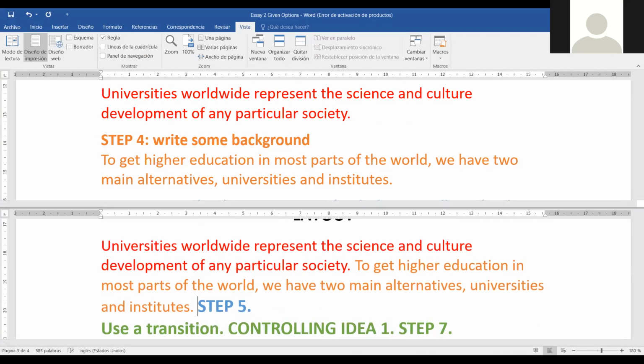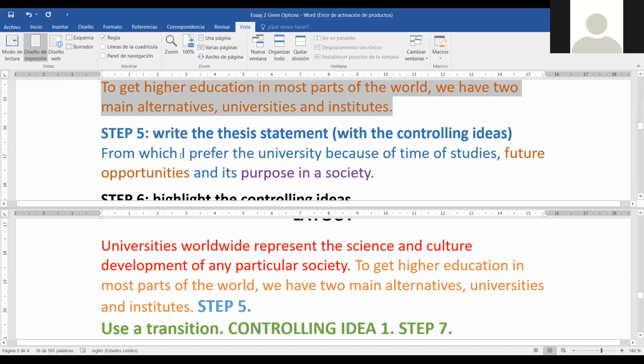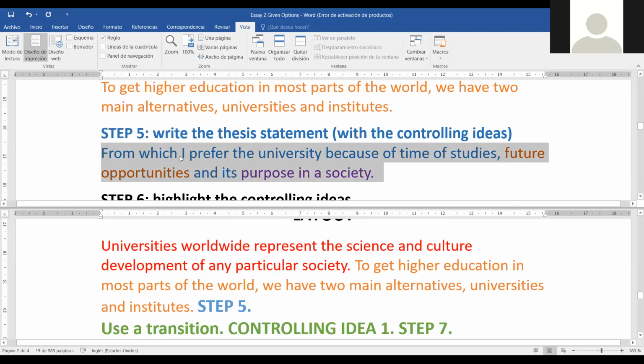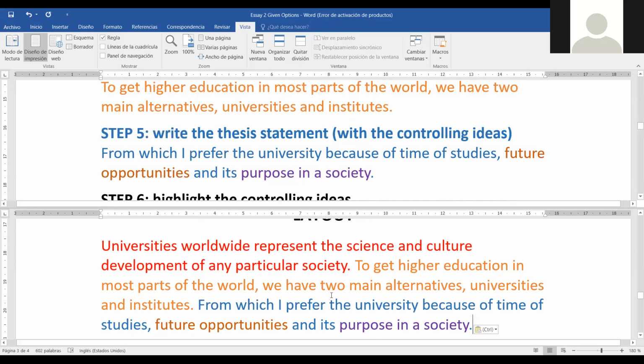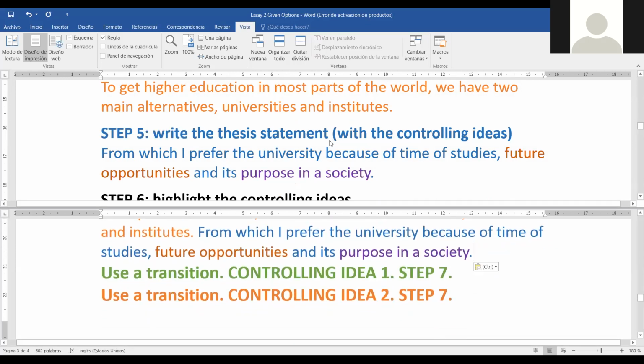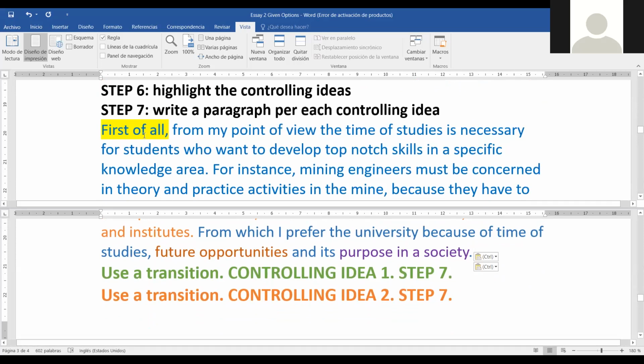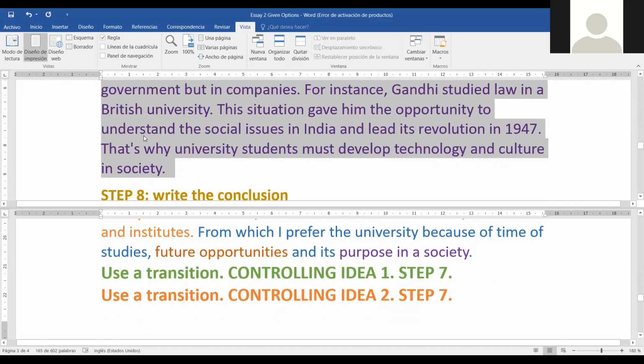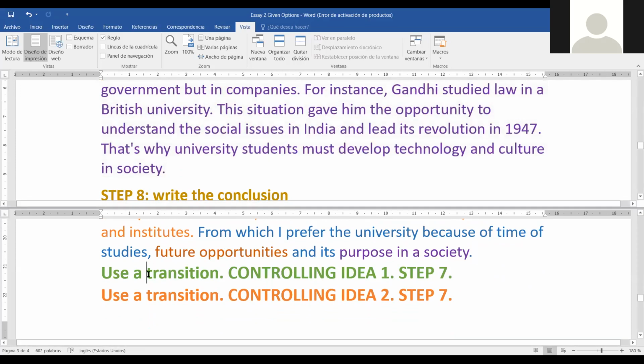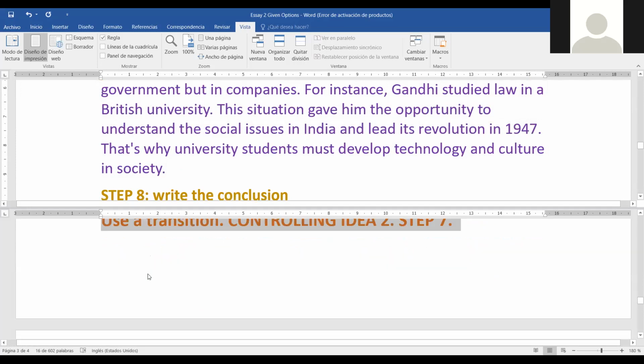Then there is the thesis statement with my three controlling ideas that I chose there. That's step 5. Then I have to copy my three paragraphs, which is this one and this one. And here, all the paragraphs already have their transitions.